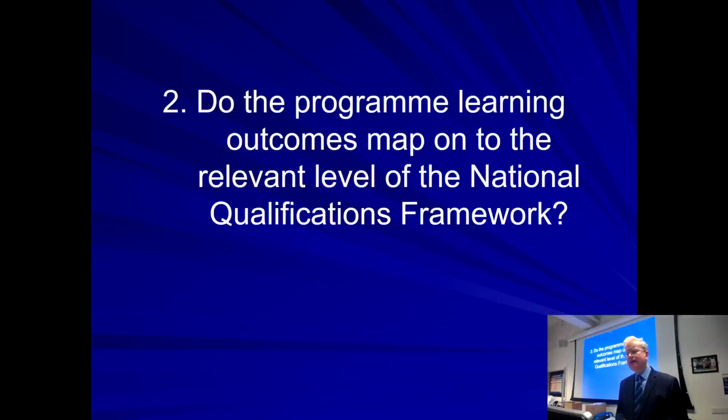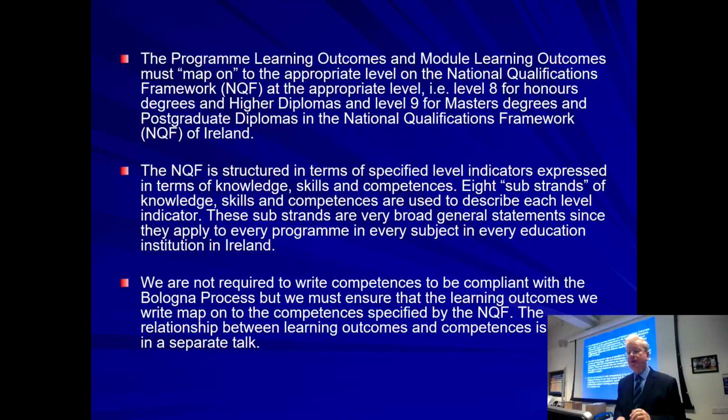The second thing then is you have to check, do the program learning outcomes that you've written for the bachelor's, master's or PhD program map on to the relevant level of the National Qualifications Framework that we have here in Ireland? Now, it's level 8, as you're aware, probably for honours degrees and higher diplomas, level 9 for masters.